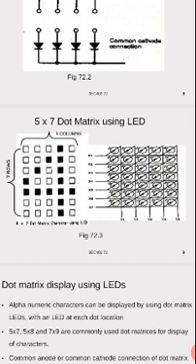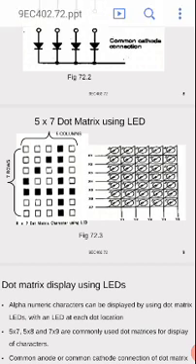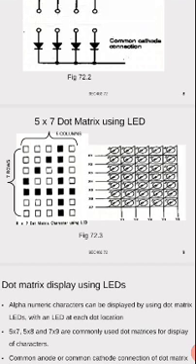It has 7 rows, 5 columns. The same is compared here with the x1 to x7 lines and y1 to y5 lines that can be compared here.